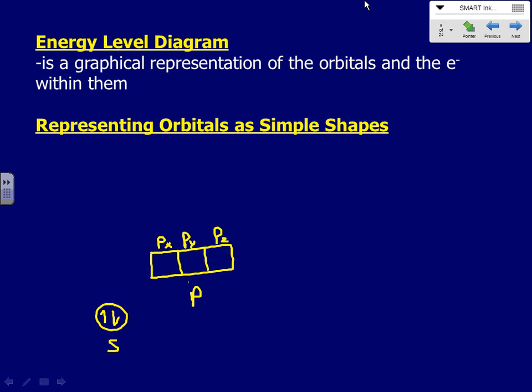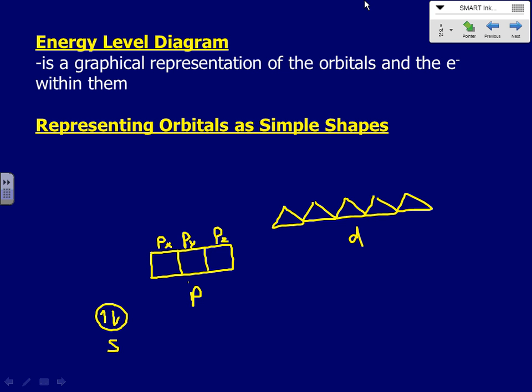D orbitals. D orbitals I have chosen to represent with 5 triangles. 1, 2, 3, 4, 5. Each of those little shapes represents one of our clover leaves where we can put 2 electrons. And I'm not going to put them in right now. And we very rarely draw f orbitals.